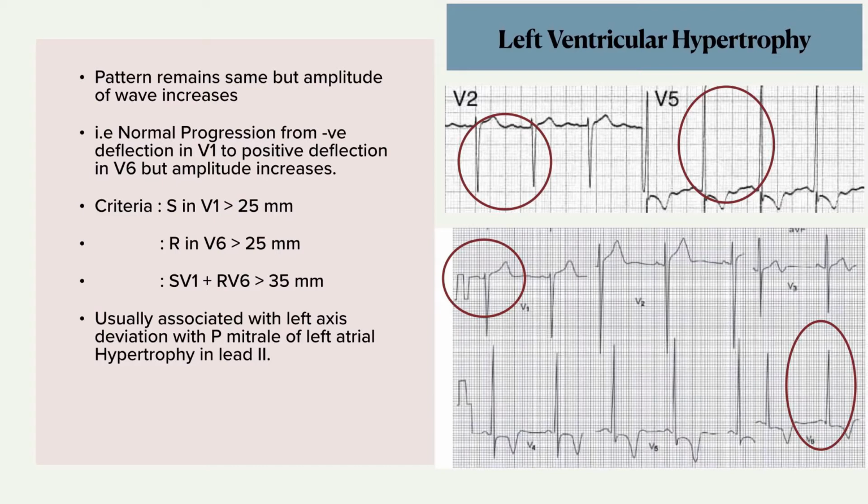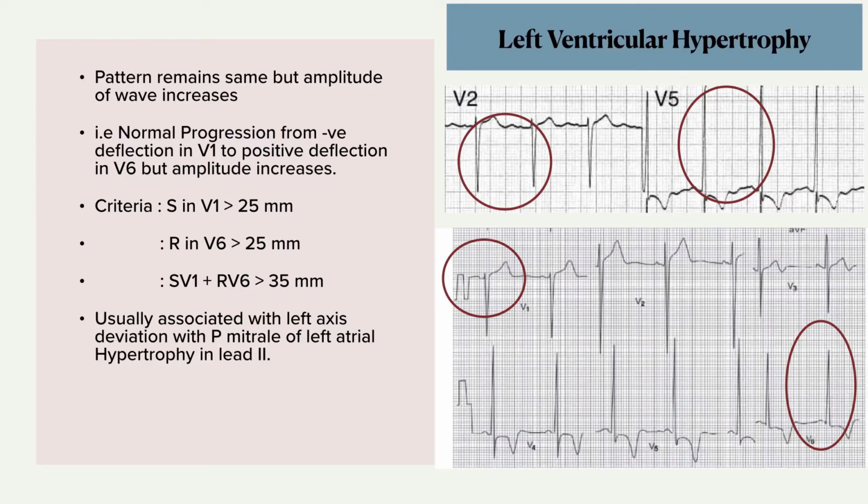Proceeding to lead V6, the height of the R wave progressively increases and the depth of the S wave progressively decreases. Somewhere in lead V3 and V4, the height of the R wave and depth of the S wave are equal. In lead V6, we get a tall R wave and very small or absent S wave.